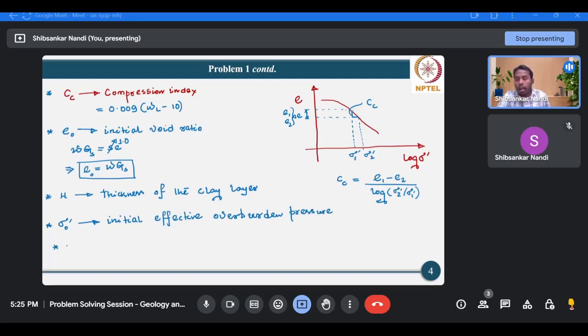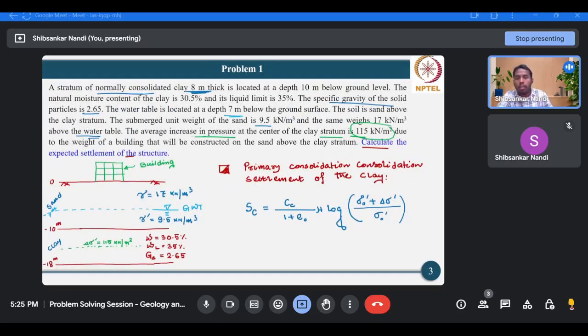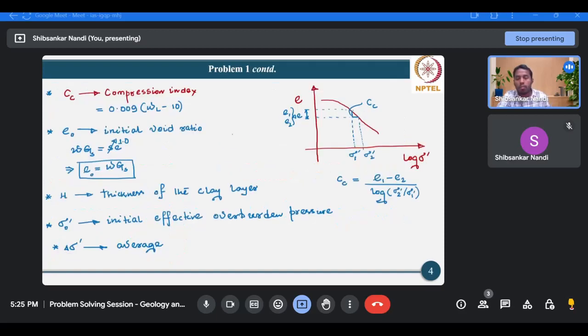And lastly, delta sigma prime, this is the average increase in pressure at the center of the clay stratum.